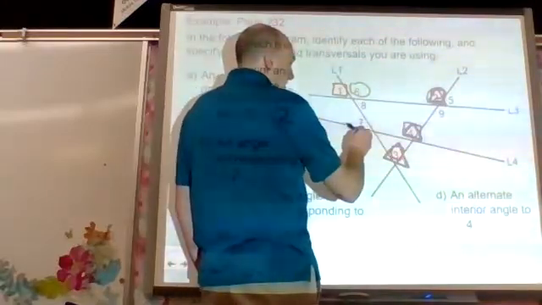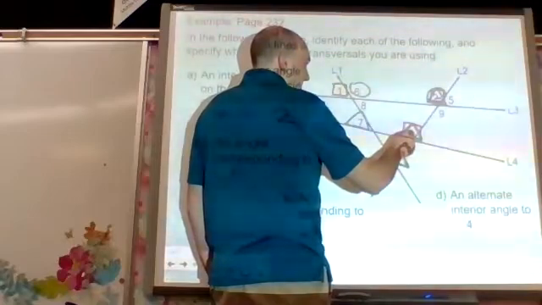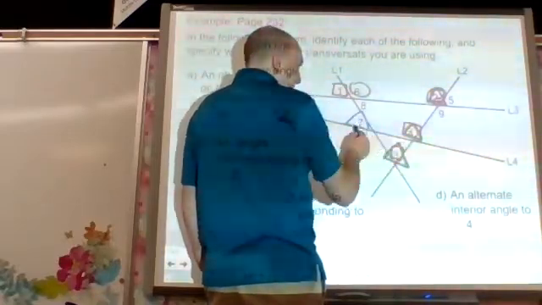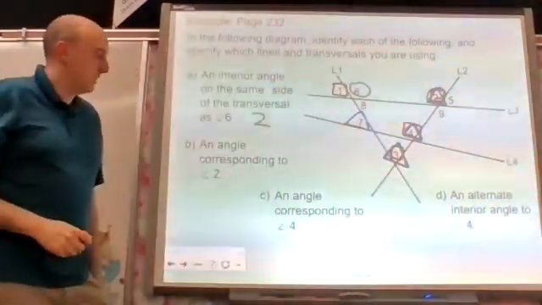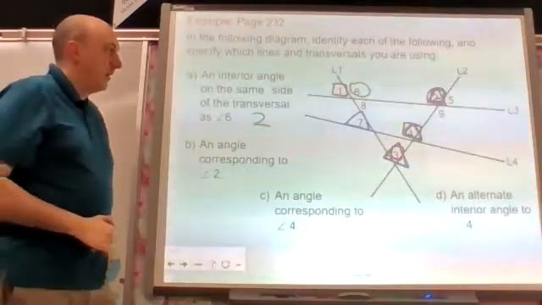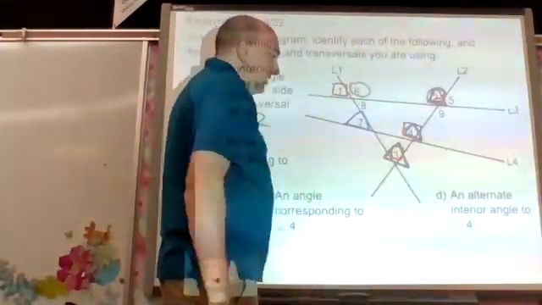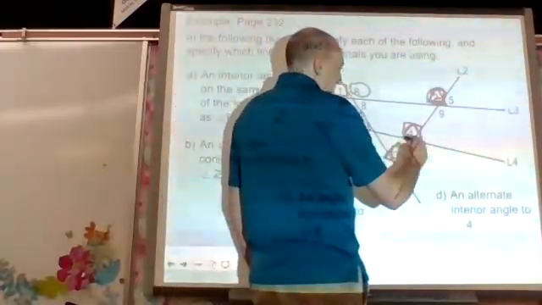And 7 also corresponds to 4, right? This is the one I'm starting with. This part is upper left, this part is upper left, this part is upper left. 1 doesn't correspond because it's not on that same line. Finally, we're going to get to an alternate interior angle to angle 4. Angle 4 is here.